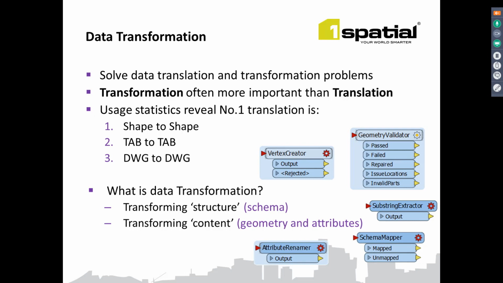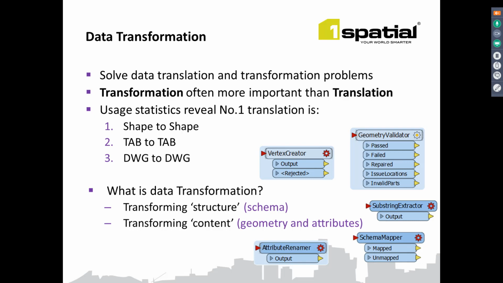So what do I mean by transformation? Well, it's the ability to manipulate the data, so analyze it, change it, create new data. And there are two types of changes we might do. So we can change the structure, the schema of our data sets, and by this I mean we can change what layers we have and what structure the data has in those layers or tables.